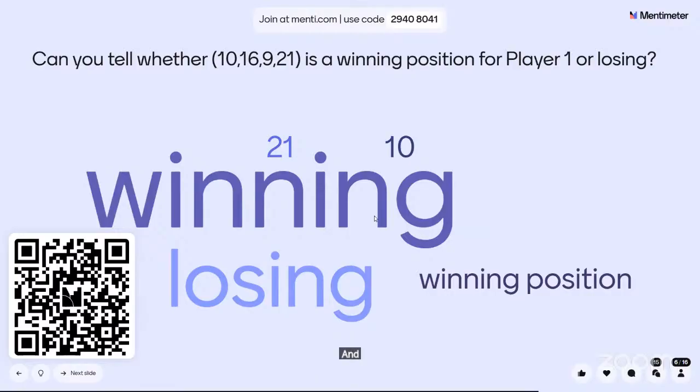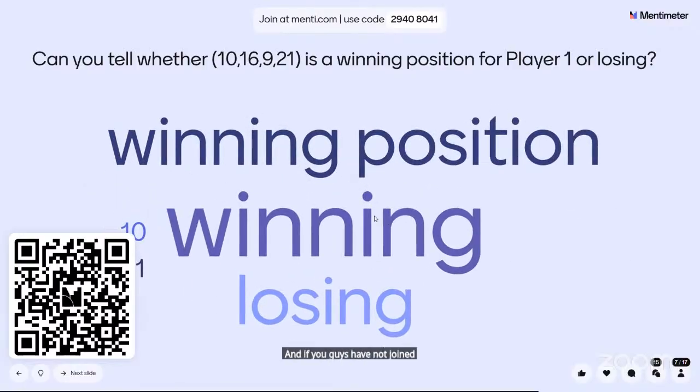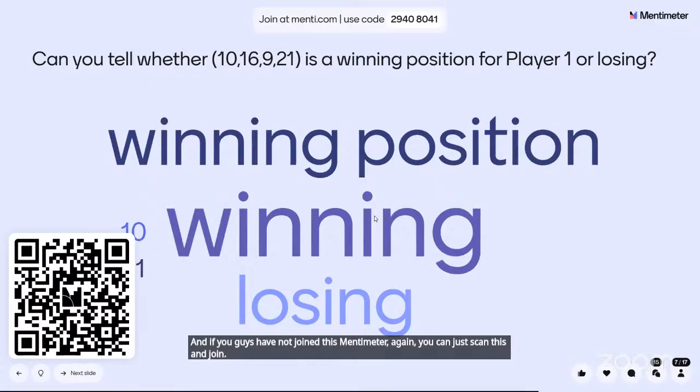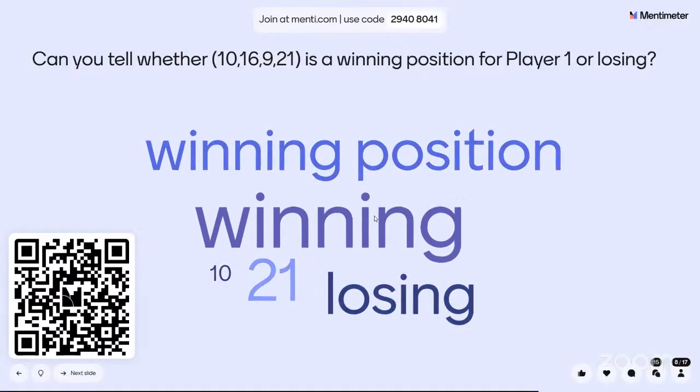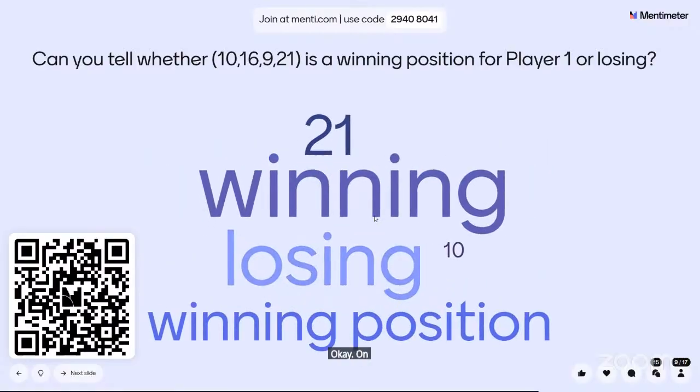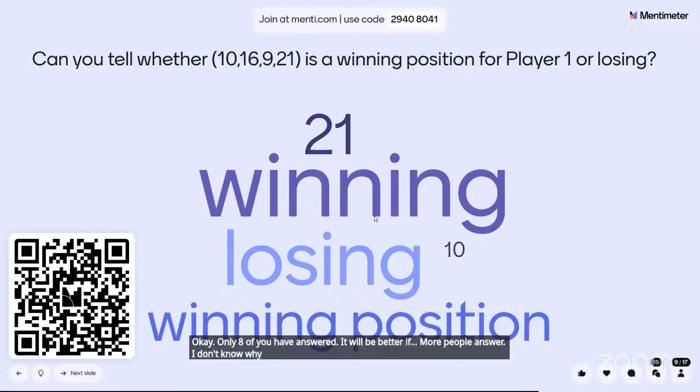If you have not joined this Mentimeter, you can just scan this and join. Okay, only 8 of you have answered. It will be better if more people answer. I don't know why you are saying 21.